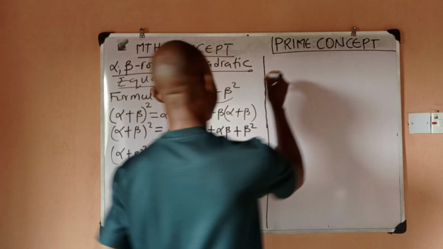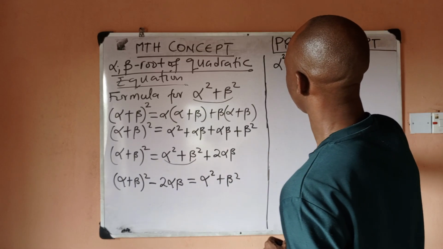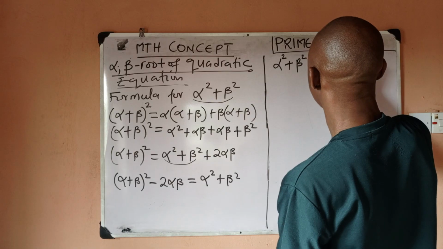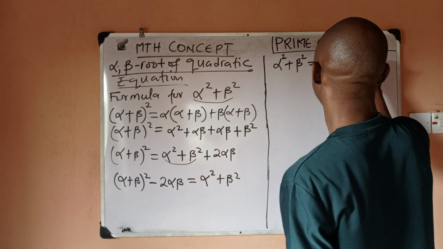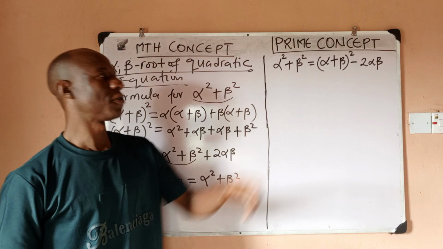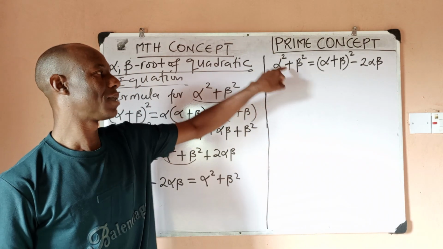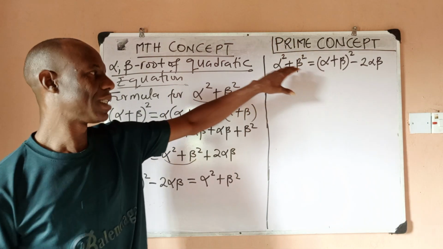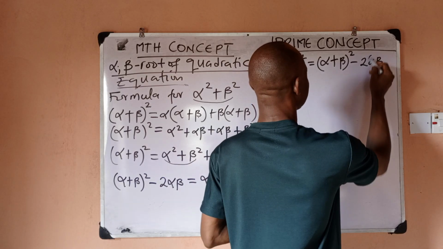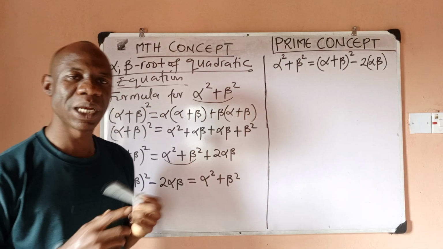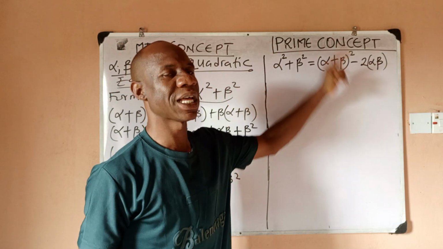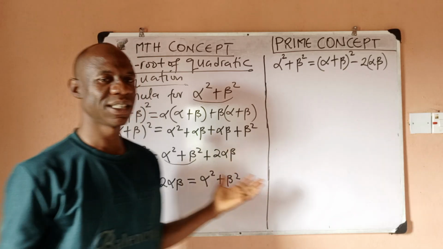So if I should rewrite this, I would have alpha squared plus beta squared to give me alpha plus beta all squared minus 2 alpha beta. So it means I've been able to derive the formula for finding alpha squared plus beta squared. Notice that this formula is in terms of alpha plus beta and alpha beta. So any formula we'll be deriving would always be finding a way to link it up to alpha plus beta and alpha beta. So this is very simple.